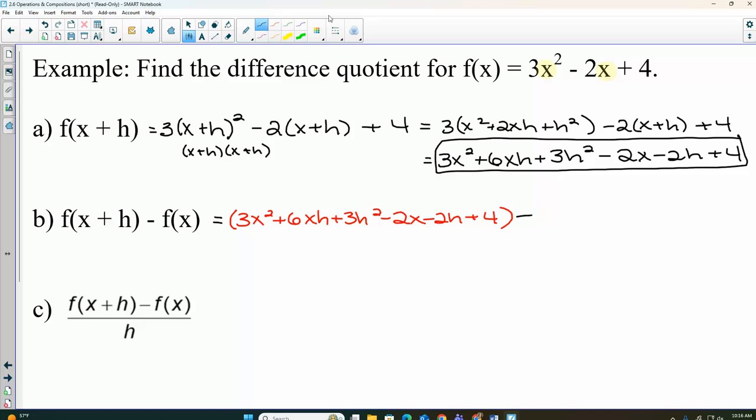Minus f of x is the original problem. So I have to distribute this negative. And that helps a lot because 3x squared and negative 3x squared cancel. Negative 2x and positive 2x cancel. 4 and negative 4 cancel.